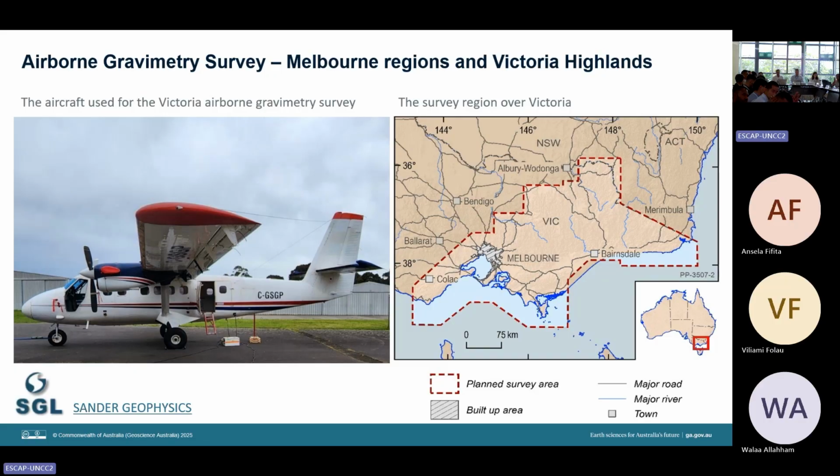The data collection is a little bit weather dependent, and the gravimetry systems perform best in nice, smooth flying conditions to capture the best data. At the end of the day, the gravimeters are a big accurate accelerometer. So turbulent flight conditions can significantly degrade the quality of the final data. Weather delays are a fairly large consideration in these surveys, so data collection can be a little bit stop-start with this kind of thing.